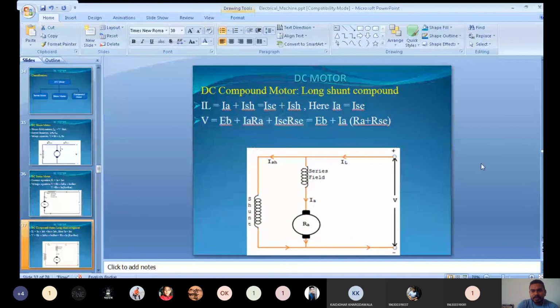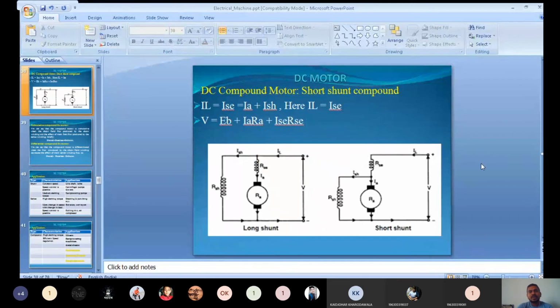Okay, now the short shunt compound motor. In the short shunt compound motor, the shunt field winding is connected in parallel with the armature winding only. The series field winding comes outside. We will compare both figures. In the long shunt, the shunt field winding is connected in parallel with the series combination of armature winding and series field winding.